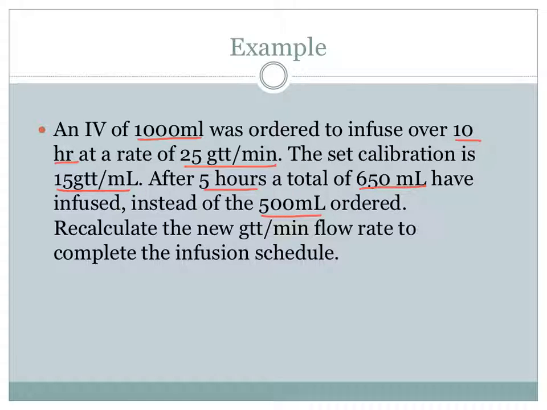Because if you look at the original order, 1,000 mL over 10 hours, and 5 hours is half of 10, so you would halve the 1,000, and you would expect that only 500 milliliters had been infused. So now we need to recalculate the new drops per minute flow rate to complete the infusion schedule.